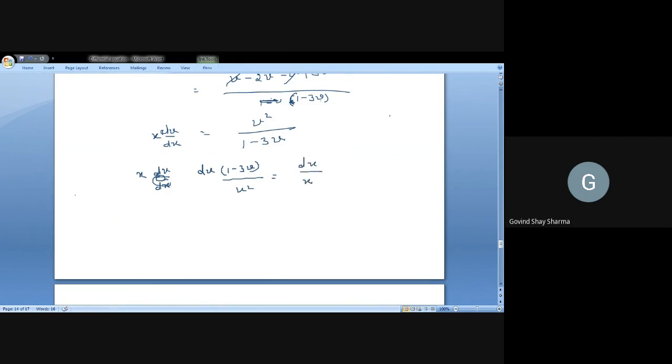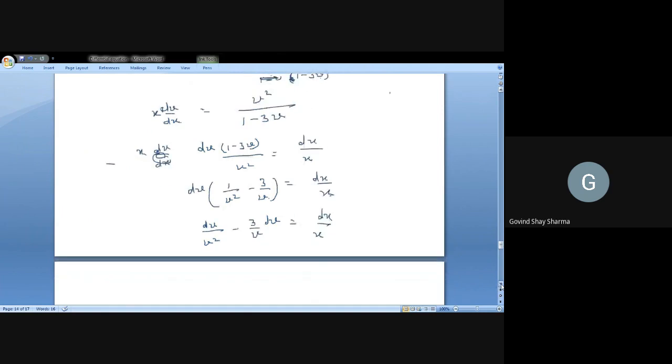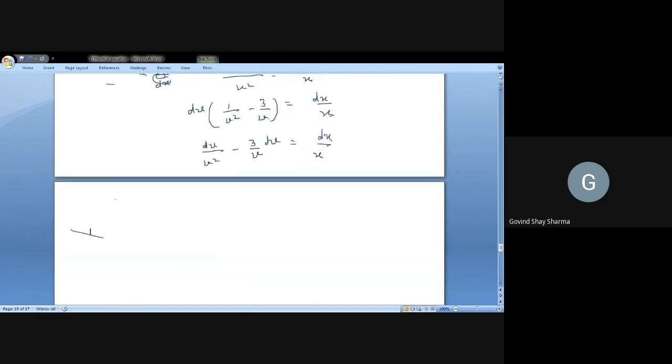We apply variable separation here. Now (1/v² − 3/v) dv = dx/x. Now it can easily be integrated.